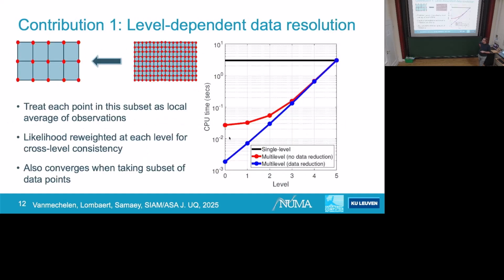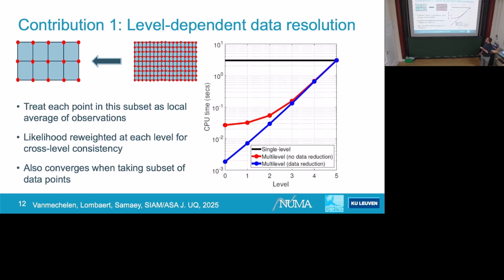And you can actually see this in this graph. So the red line is multi-level Monte Carlo. The black line is, of course, the cost of a sample at the finest level, capital L5. So of course, this is the baseline. The cost reduction by going to coarser levels is visible in the beginning here because you don't need to solve the finite element model.